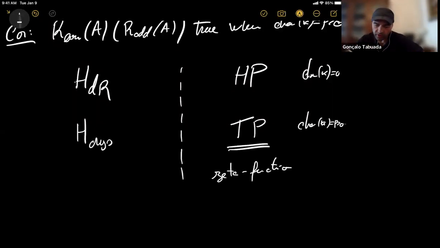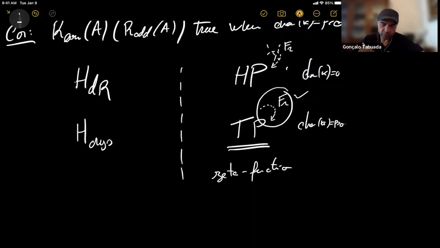It turns out that this TP comes equipped with a very interesting operator, this Frobenius. So you can actually talk about these zeta functions. Here there is no such thing as a Frobenius, but here, yes. So that's something that you can explore.